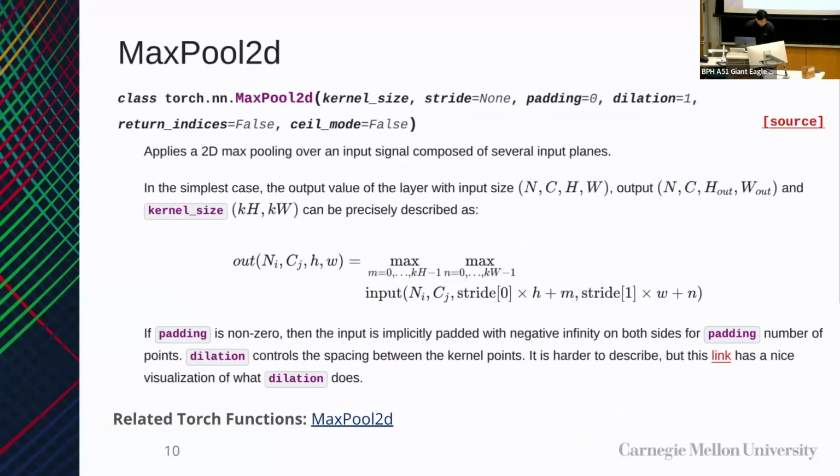Yeah, and here is the implementation of max pooling in PyTorch. So I think it's the same. You just need to set your kernel size, stride, and padding, and the other parameters you just set as default.